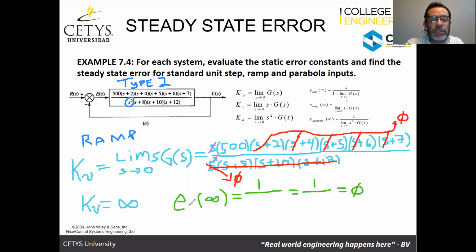The error for the ramp is going to be equal to 1 divided by Kv, which is 1 divided by infinite. So this one, a type 2 system, is going to have a near perfect response to the velocity.